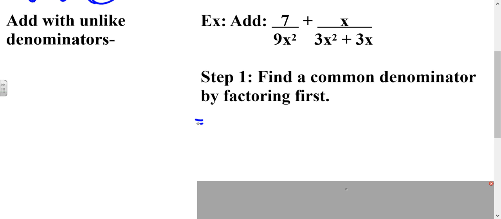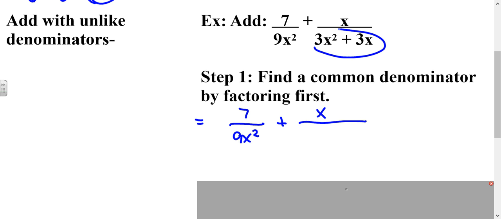Well, the 7 and the 9x squared are all the way factored. There's not anything I can really do there. The x is already factored. There's not really anything I can do with that. But on this part, I can take out a greatest common factor. The greatest common factor would be 3x, and then I would have left over x plus 3.